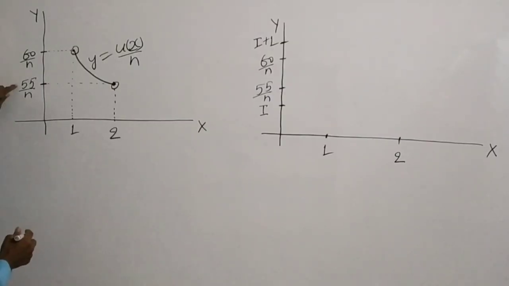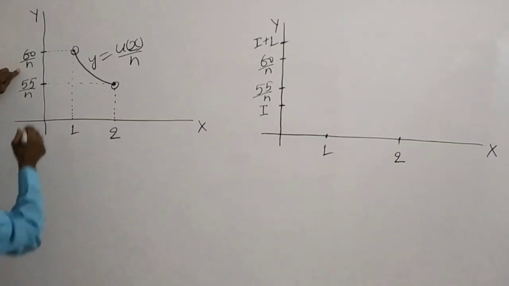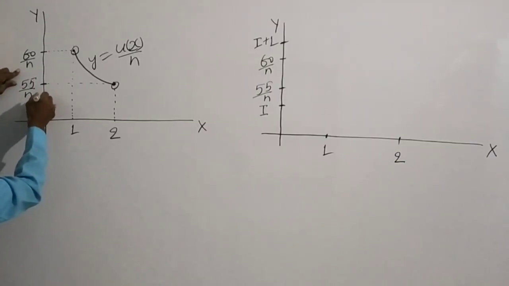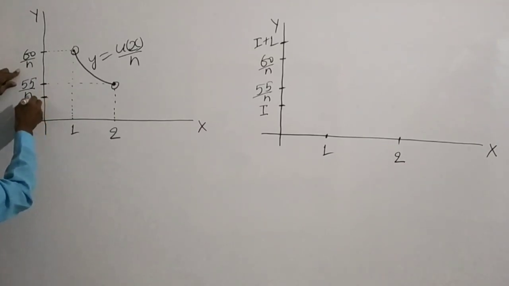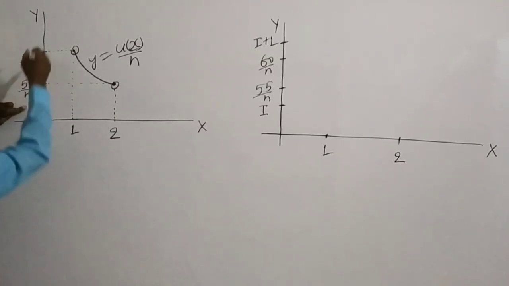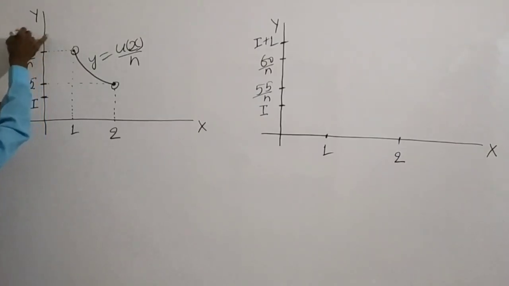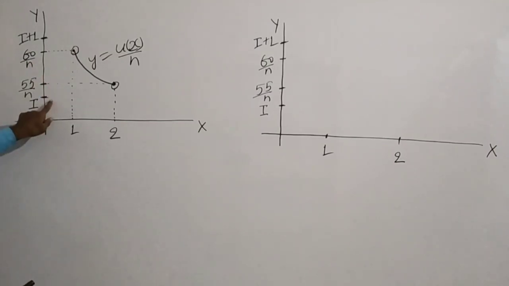If 55 by n and 60 by n be such two numbers that both lie between integer I and I plus 1, both of these numbers lie between two consecutive integers. Then the greatest integer of this number will be I. Greatest integer of any number between this interval 55 by n to 60 by n will be I.